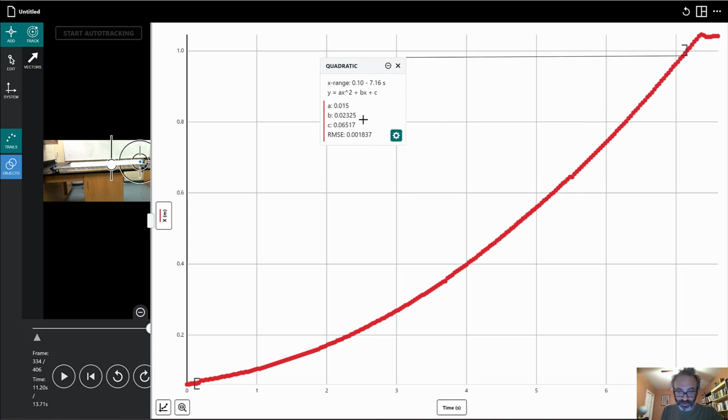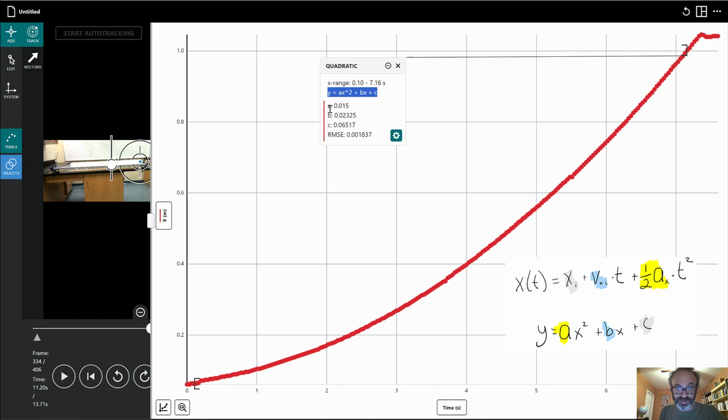So now we've got a whole bunch of numbers. What does that mean? Well, we know that our big 4 kinematic equation number 3, our position versus time equation for a constantly accelerated object, is position equals our initial position plus our initial velocity times time plus 1/2 our acceleration times time squared. That actually matches up with this quadratic formula here.